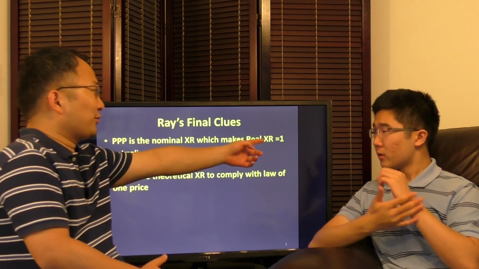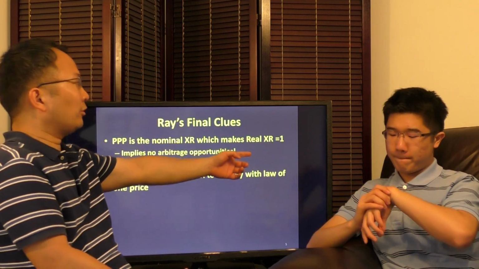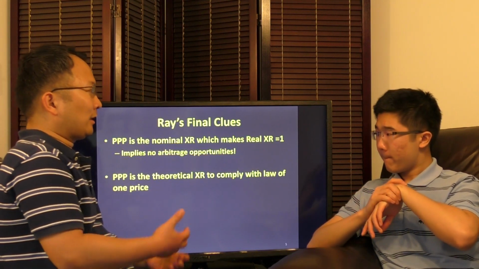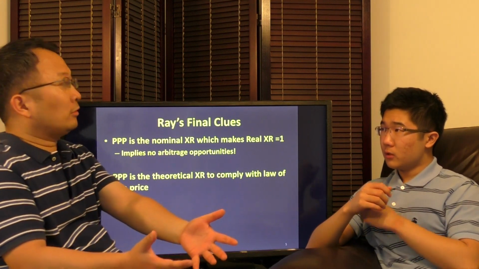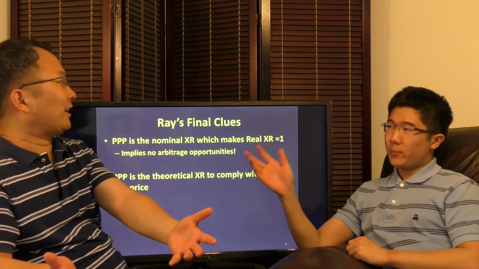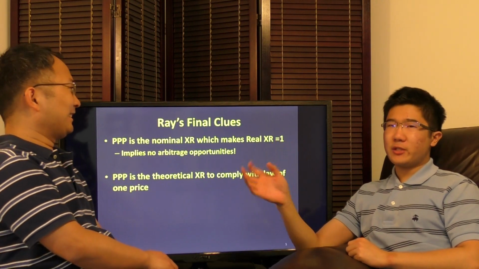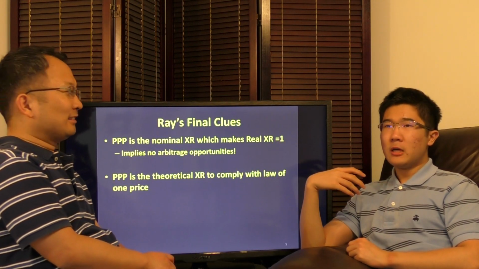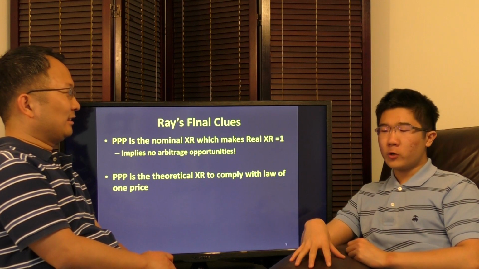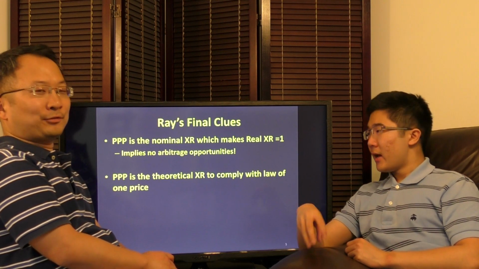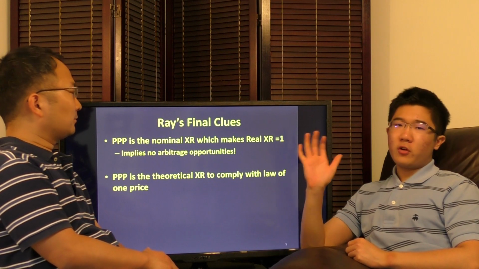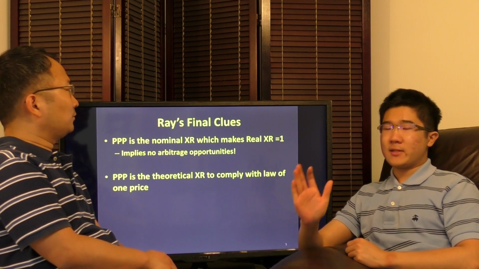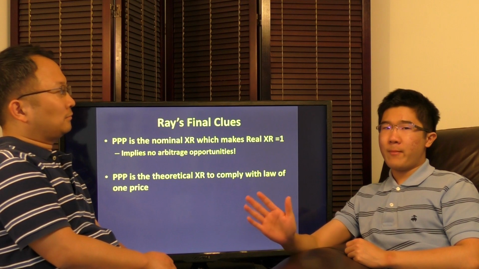As we can recall, the real exchange rate is more like a barter trade: 1 US apple equals 1 Mexican apple equals 1 China apple. So you could trade 1 Mexican apple for 1 US apple, even though in real life that is not always the case. So PPP is basically our theoretical exchange rate when we follow the law of one price, but the law of one price is not how it really works in many cases between countries.